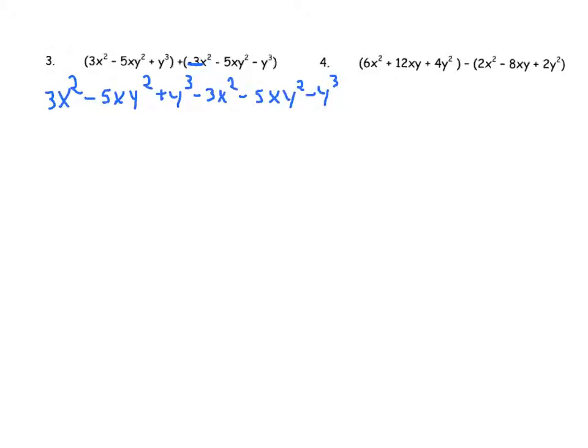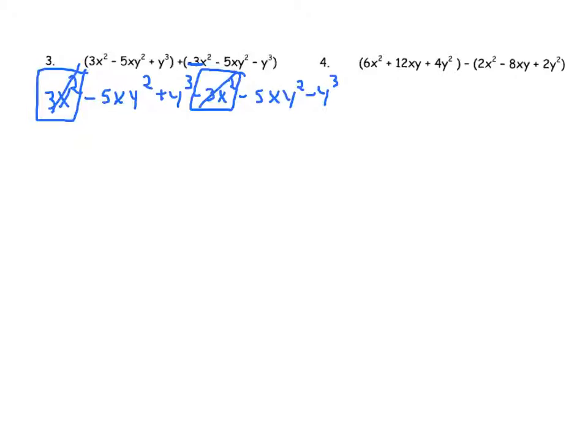Now the tricky part here is figuring out what are the like terms. So I'm going to box in anything that's alike. Remember, it has to have the same variable with the same exponent. So first I see this is an x squared, 3x squared, then I have minus 3x squared, and there's no other x squareds by themselves. Well, these two cancel out, which is nice.